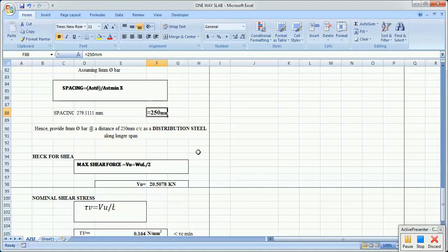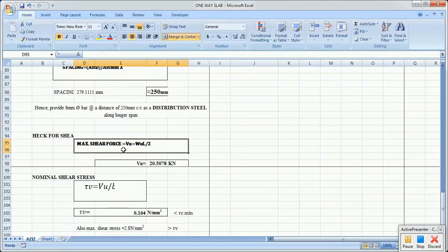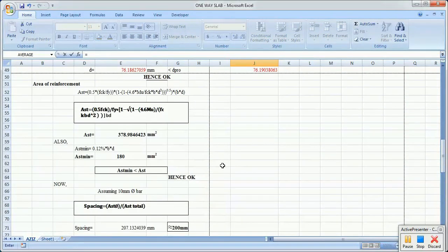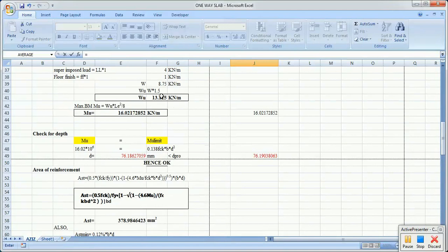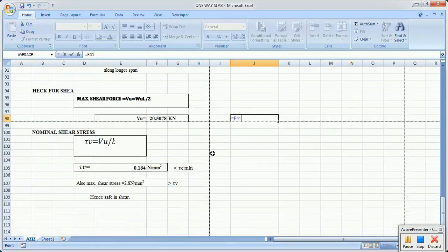Next is check for shear. The maximum shear force Vu is WL by 2. So you can calculate Vu equal to Wu, which we have calculated, into L is 3.125.